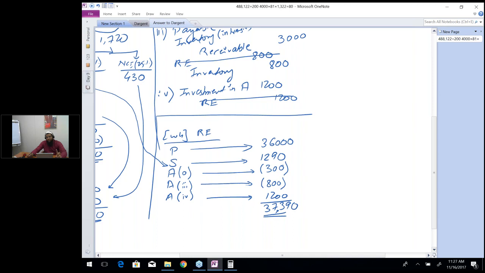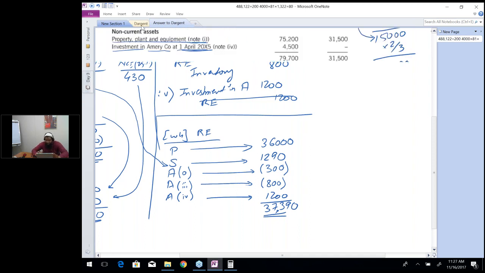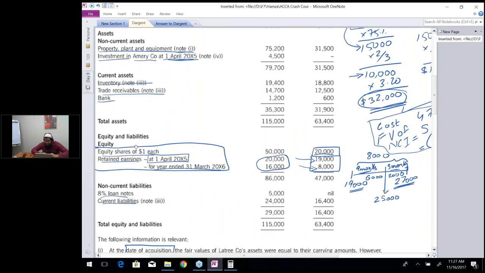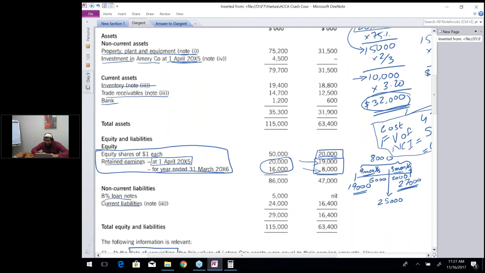So all working is done, working 1, 2, 3, and 4. Now I'm going to prepare the balance sheet. And for the balance sheet, I'm going to refer to the question. I will have to remove these values that I've calculated over here.